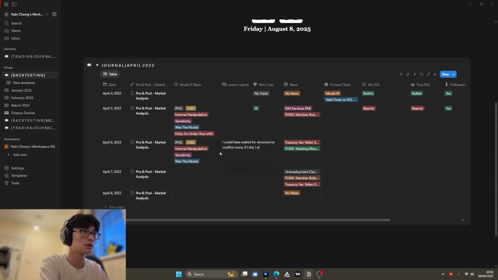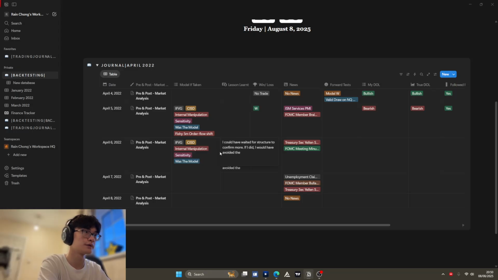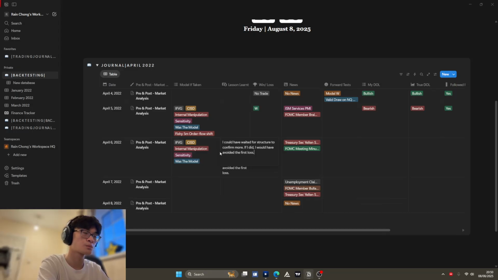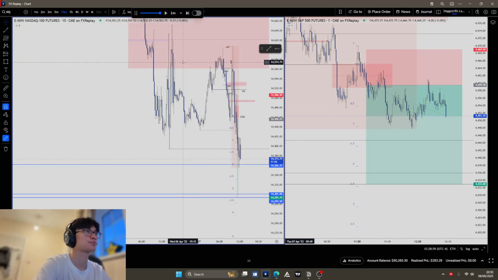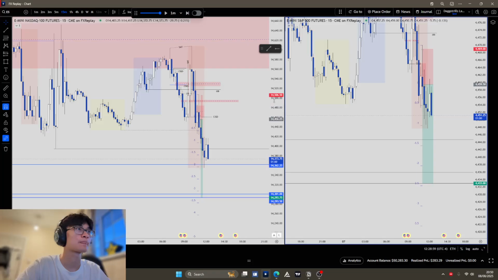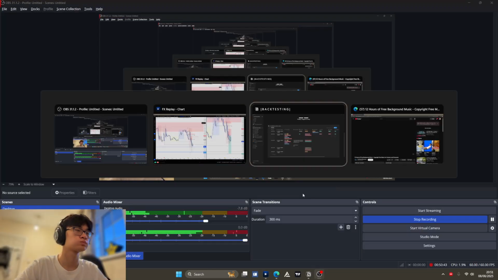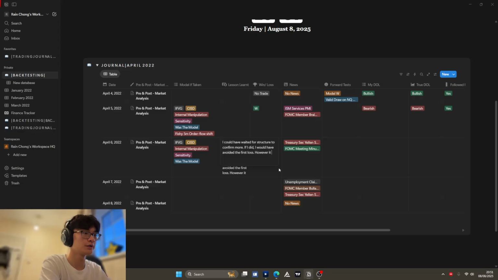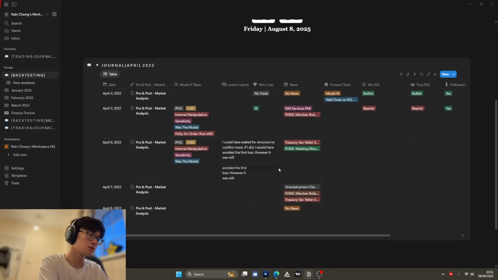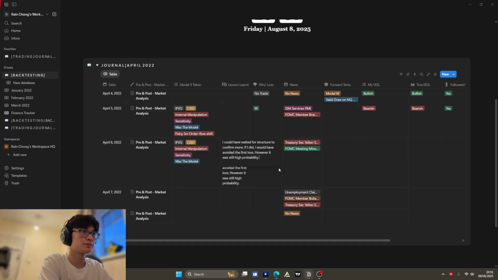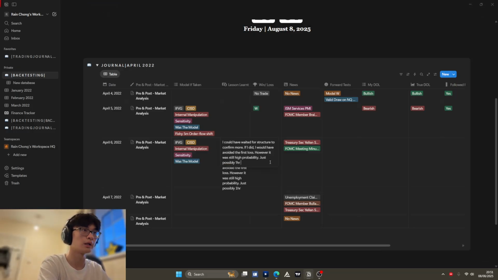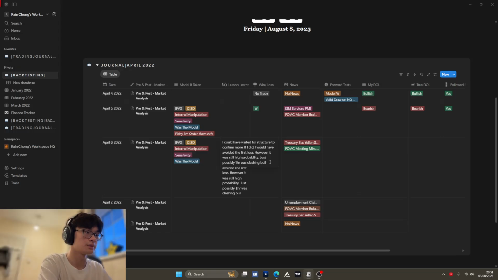If I did, I would have avoided reverse loss. However, it was still high probability, just possibly 1 hour was flashing bullish and bearish.